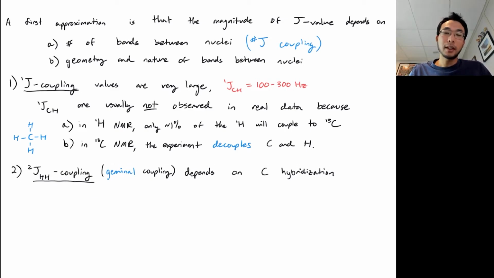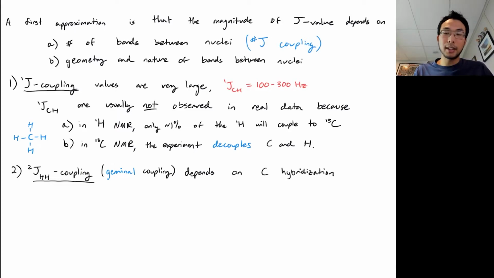So we'll focus on proton-proton coupling, but none of these concepts are exclusive to proton-proton coupling. The J values change depending on the identity of the elements that you're looking at, but conceptually the ideas are still similar. So for 2JHH, this is called a geminal coupling, where geminal refers to twin, because the two hydrogens must be attached to the same carbon for there to be two bonds apart.